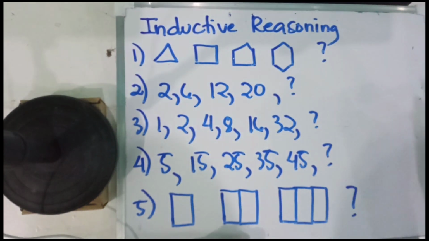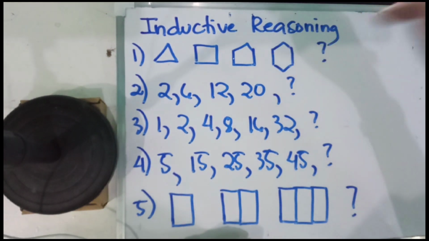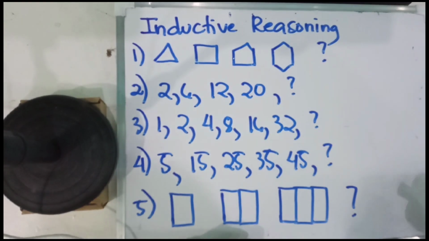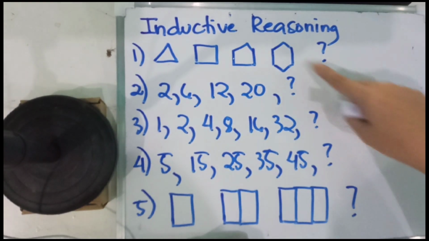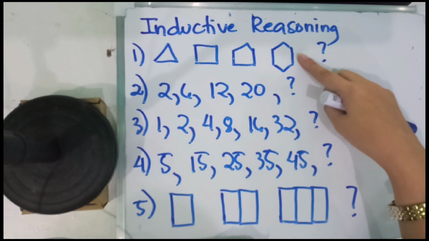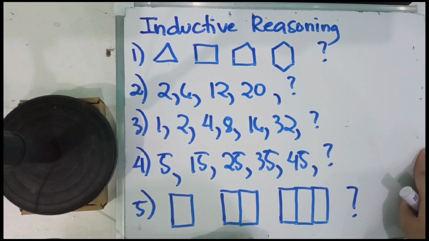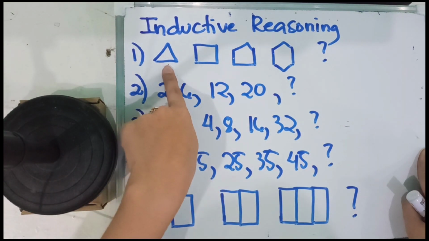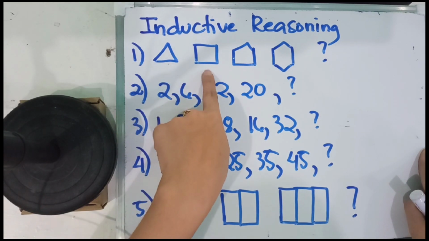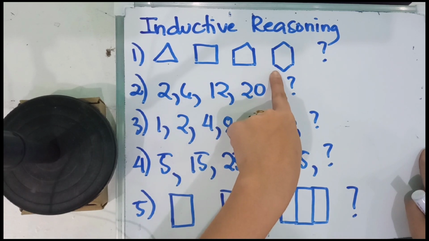Now the fourth figure, if we try to count, that's 1, 2, 3, 4, 5, 6. So it has 6 sides, and a figure with 6 sides is usually called a hexagon. Now if you try to observe the 4 shapes, the first one has 3 sides, the second one has 4, the third one has 5, the fourth one has 6 sides.